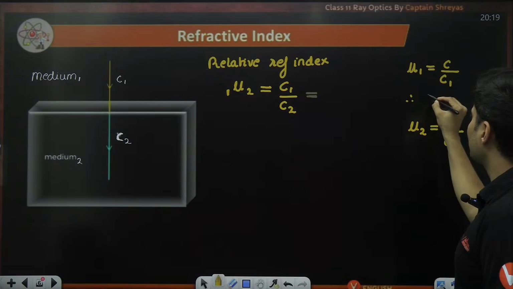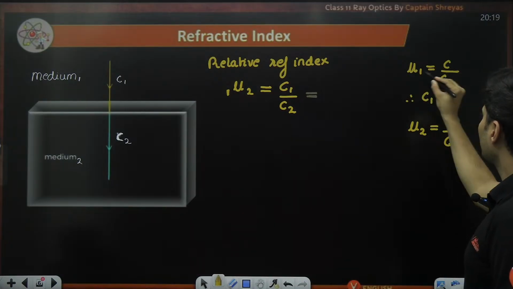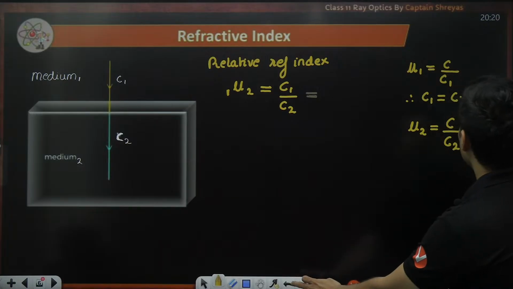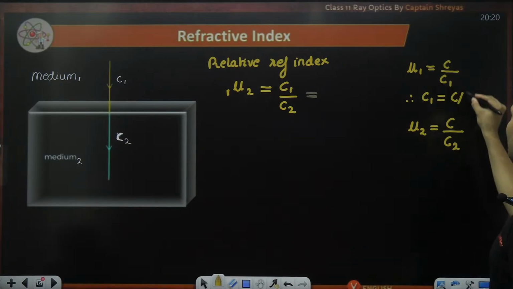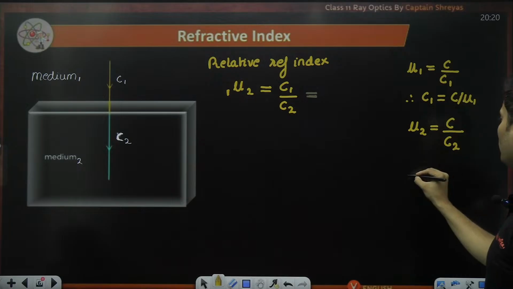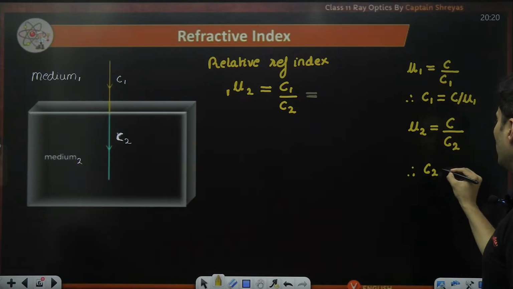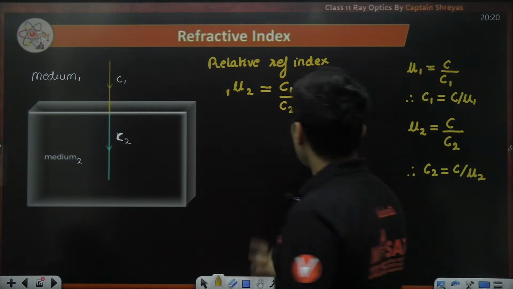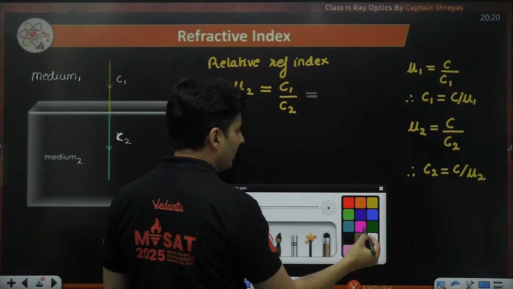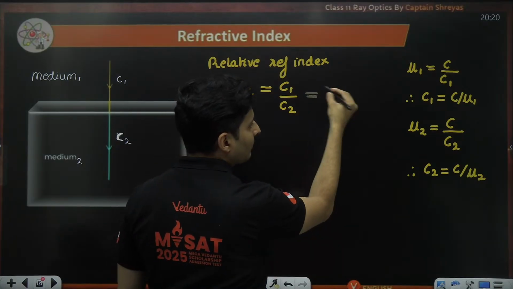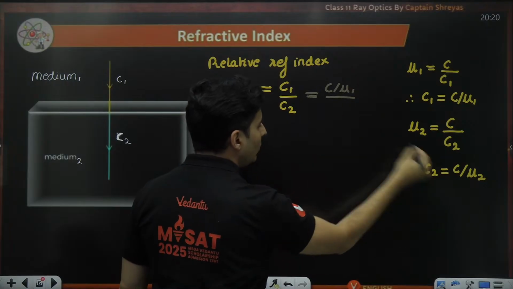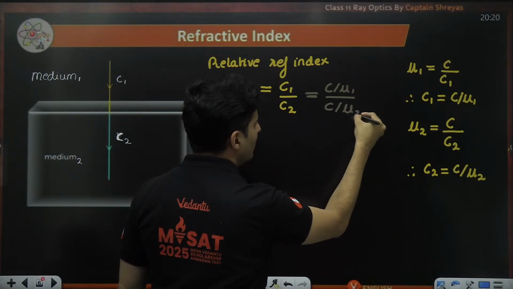So from this, can you not see C1 is nothing but C divided by mu1, and C2 is nothing but C divided by mu2. So substituting both of them over here, we get C1 as C by mu1 and C2 as C divided by mu2.